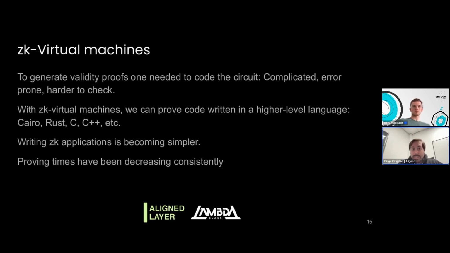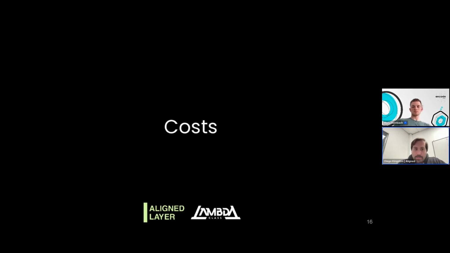So the thing is, we need to solve the bottleneck that we are going to have, that is verification, because people will be able to generate proofs much more easily than before. But the problem is that right now, our main verification layer, Ethereum, cannot process so many proofs. Okay, so we need to have higher throughput and lower costs.